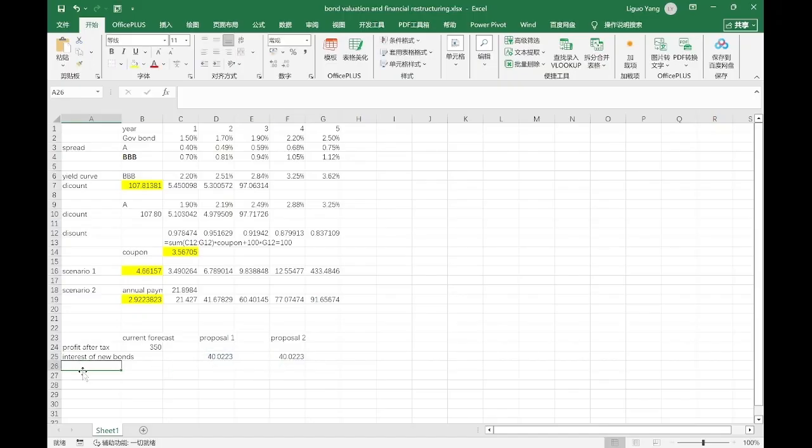And also we will need to take into consideration the extra interest on existing liabilities as a result of the credit rating downgrade from the new bond issuance. Extra interest of existing liabilities.